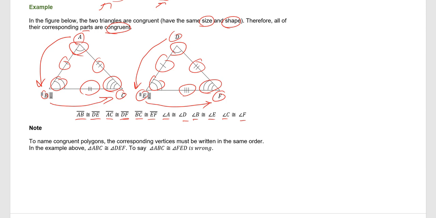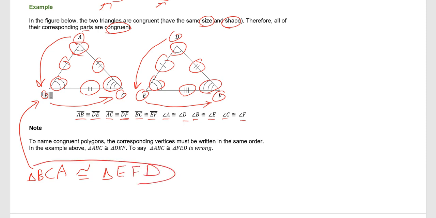For example, if we were to name this triangle BCA, right? Then we'd have to say it's congruent to, again, same order of vertices, so we'd have to name the other triangle EFD. Okay? So keep this in mind. Order of vertices has to be the same to show congruence.